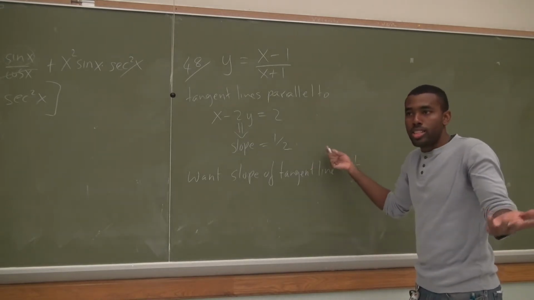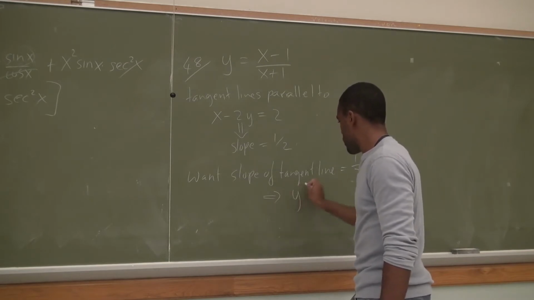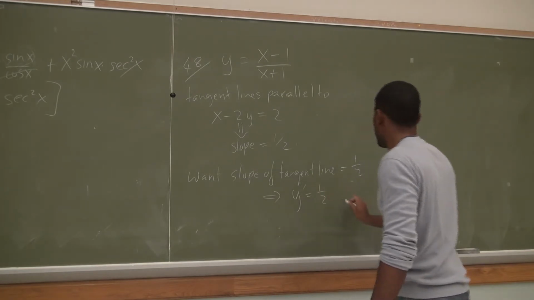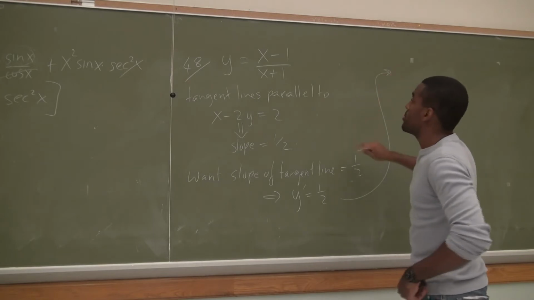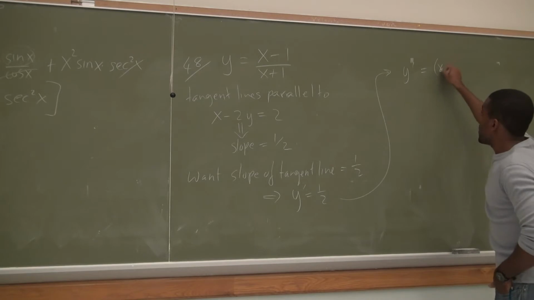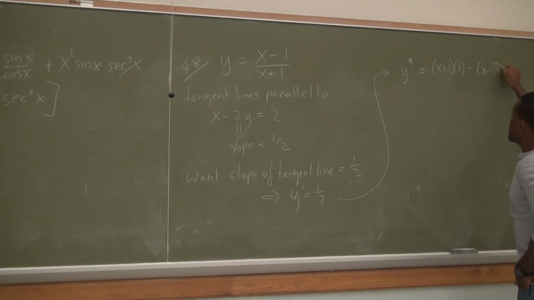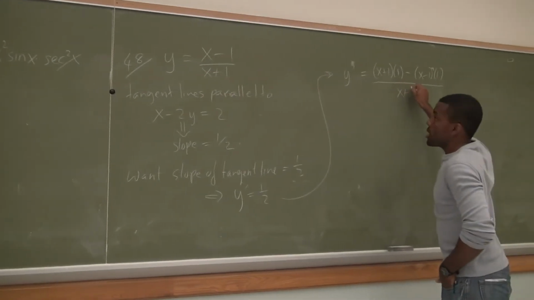But the slope of the tangent line is just a derivative, right? This means we want y prime to equal 1/2. But what is y prime? So you do the quotient rule. It's the bottom times the derivative of the top minus the top times the derivative of the bottom, over the bottom squared.